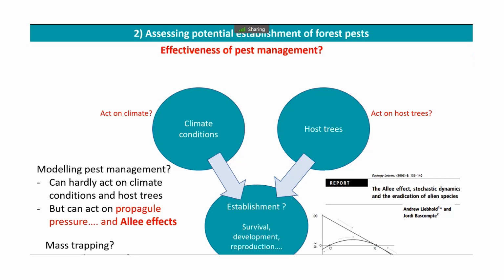But we can act on propagule pressure, which is rather linked to the probability of entry, and also on early eradication, to decrease the population level under thresholds so that the species can then go extinct naturally. I'm not going to develop this further, but with models we can describe the effectiveness of mass trapping and so on.